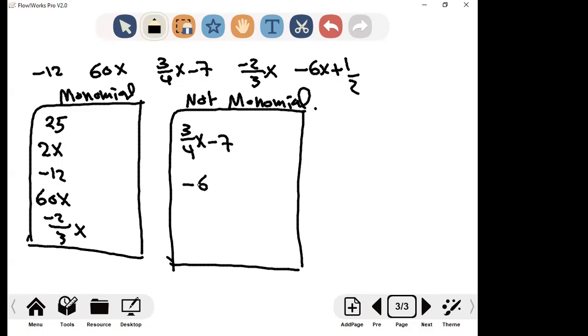Last one, here we have two monomials. Agreed? So this is a monomial and this is not a monomial. Good. Now we have another idea.